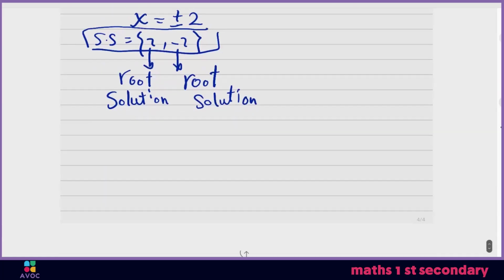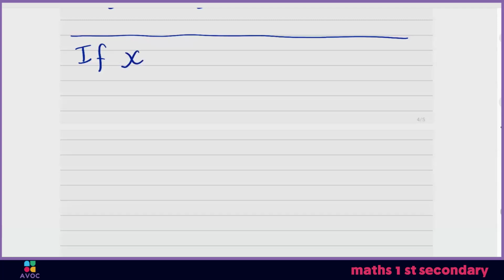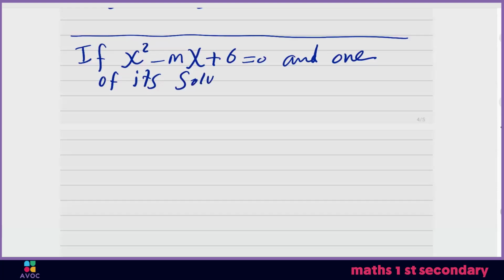So if you have a question like this: if x power 2 minus mx plus 6 equals 0, and one of its solutions is 3, find the other one.